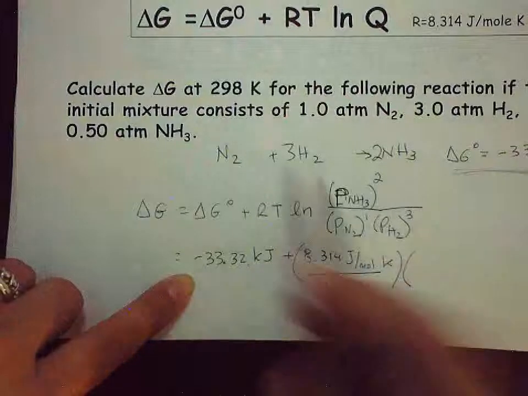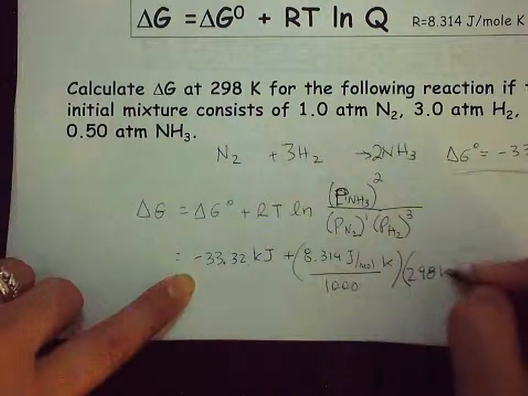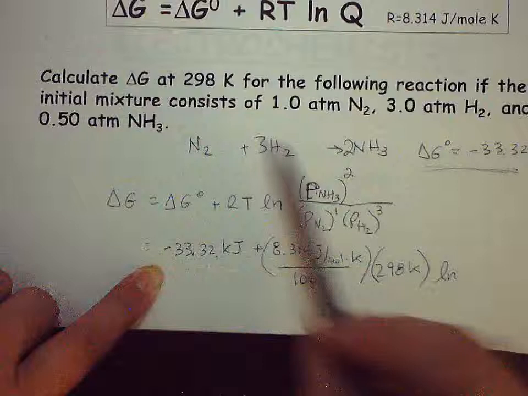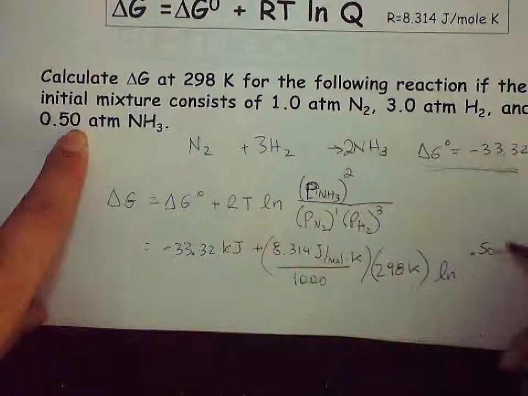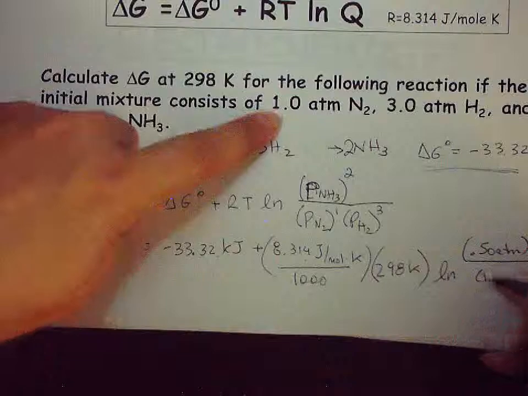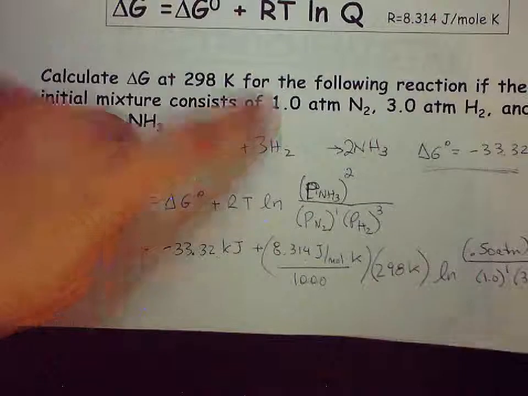What's the temperature? In the question they told me the temperature was 298 Kelvin. Natural log, all right, the pressure of ammonia. How much ammonia did they use? 0.50 atm, quantity squared, over 1.0 to the first power, 3.0 cubed.